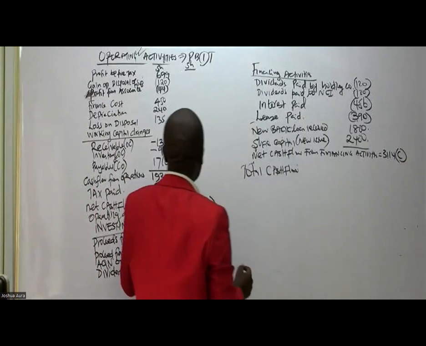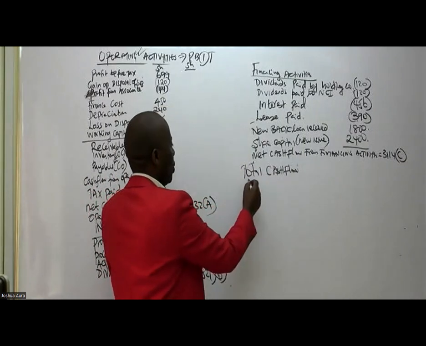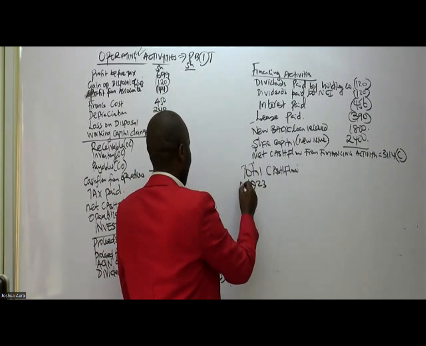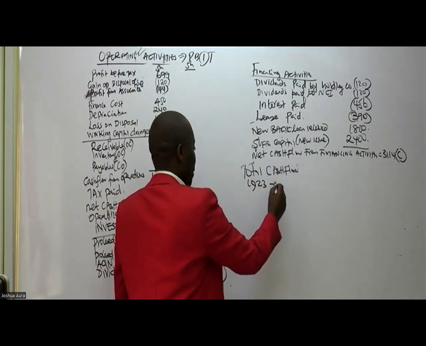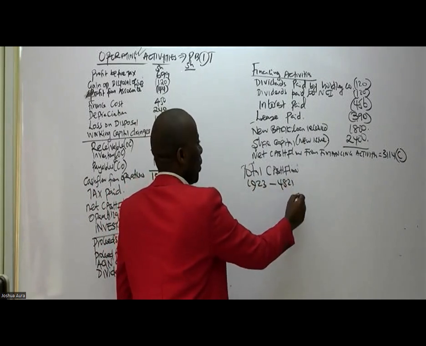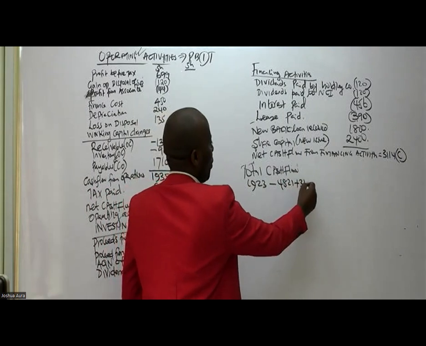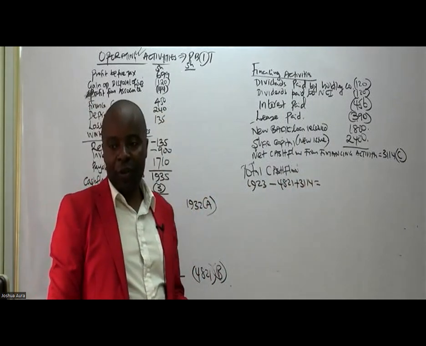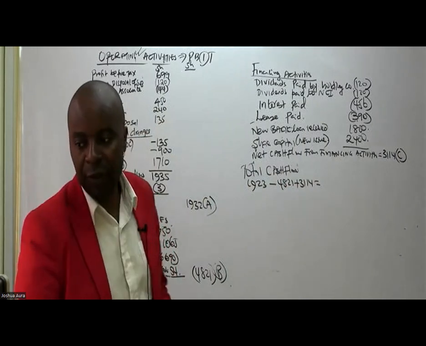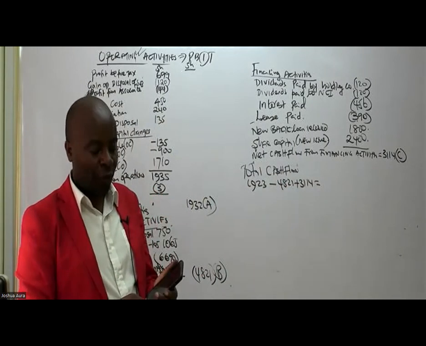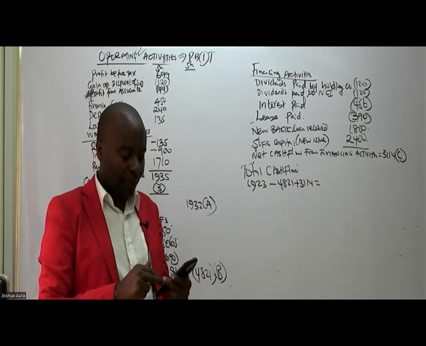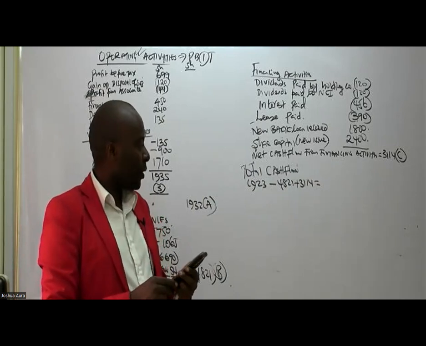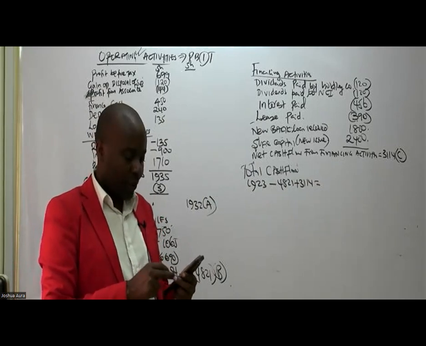So total cash flow you are taking here, this one of 1923, it's positive, minus 4821, and the other one is positive of 3114. So could you kindly give me this figure? I also want to confirm it.